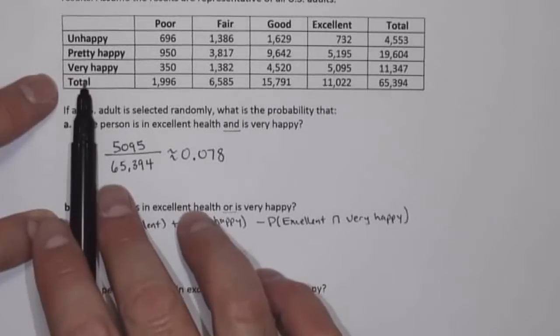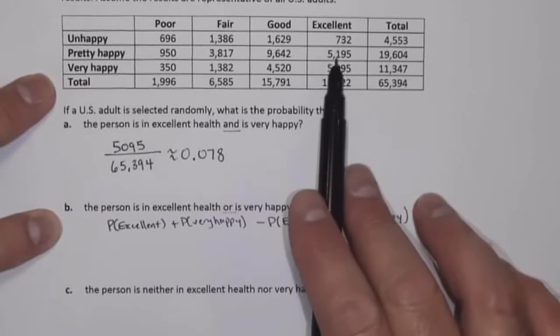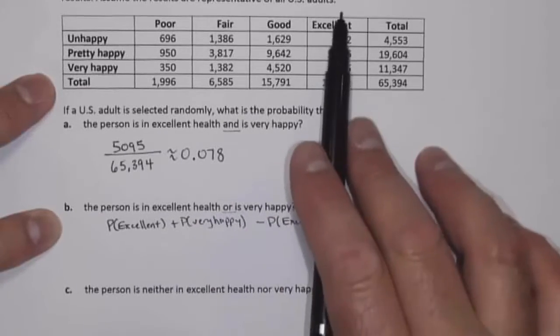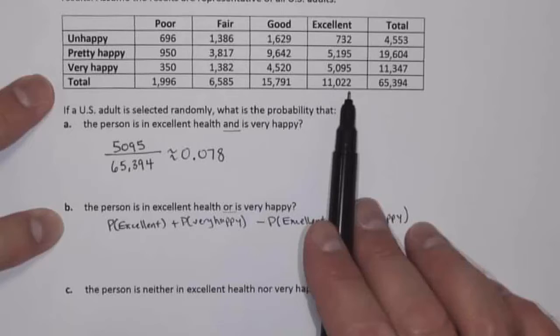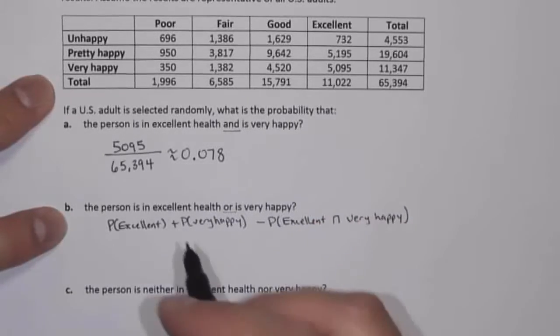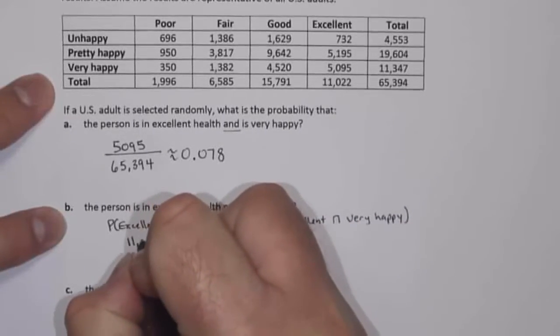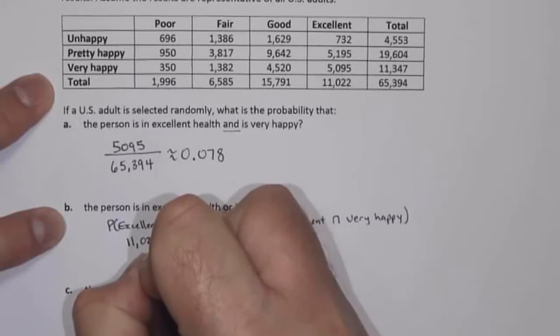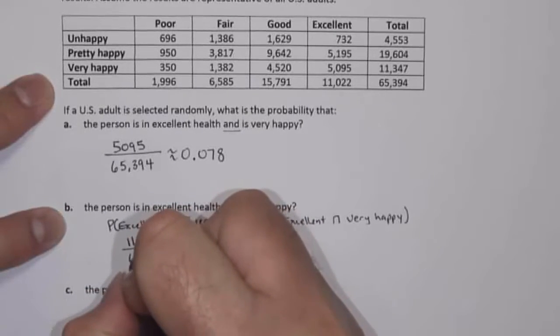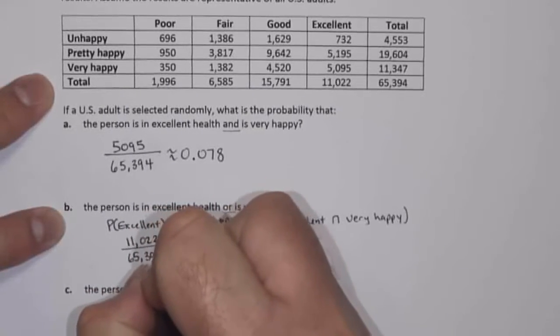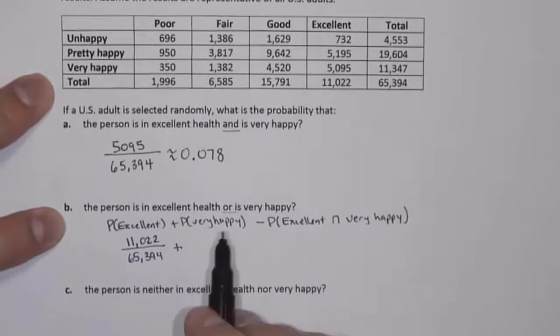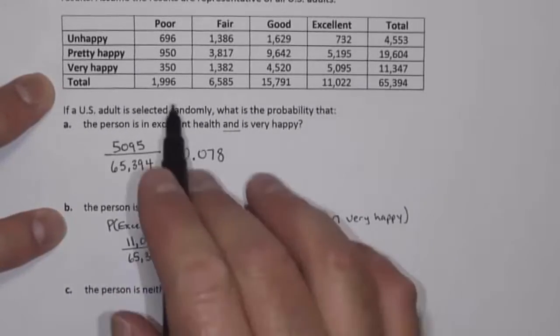Well, the probability of being in excellent health, looking here at this column, altogether there were 11,022 individuals in excellent health. So this would be 11,022 out of 65,394. Plus, what's the probability of being very happy?